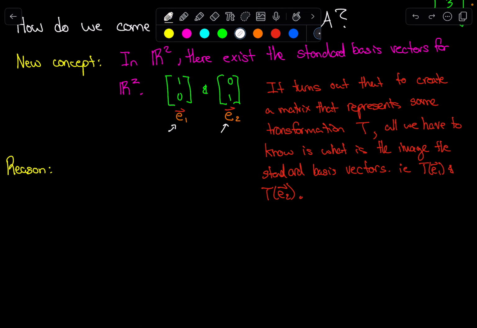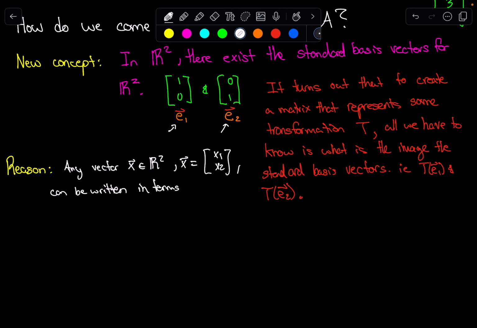The reason is that any vector x that lives in R2, where x is the vector x1, x2, can be written in terms of the vectors E1 and E2.